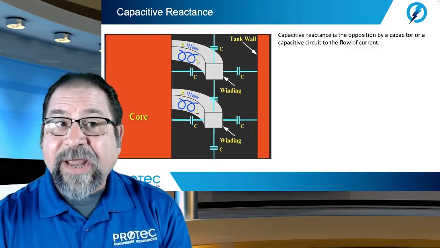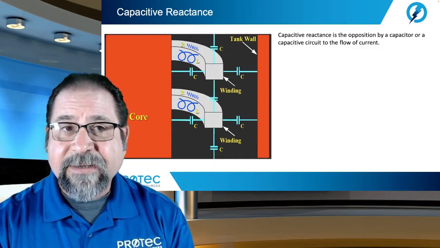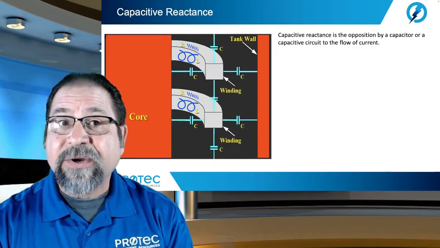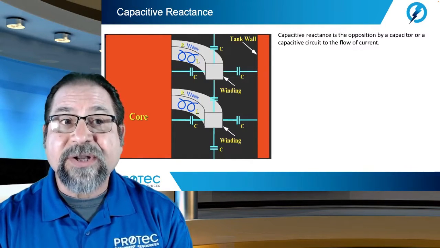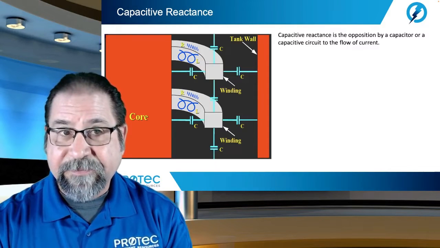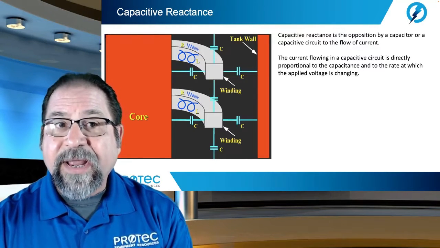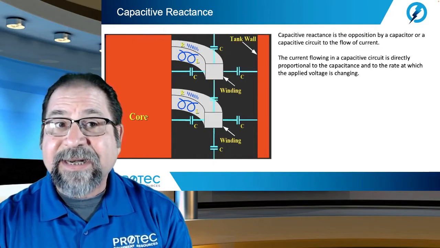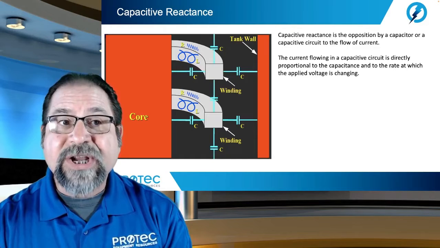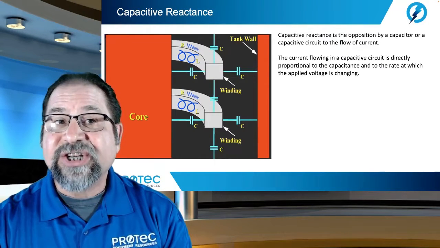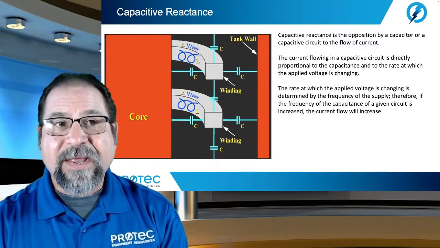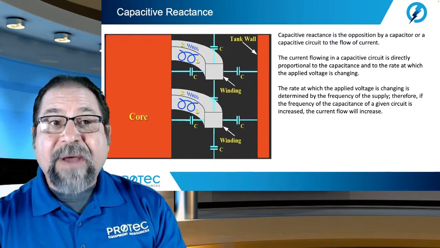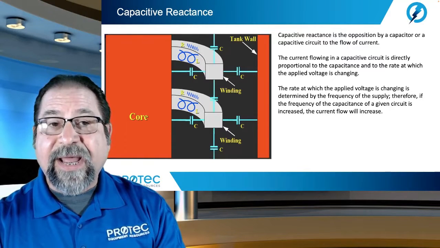All right, next let's look at capacitive reactance. Capacitive reactance is the opposition by a capacitor or a capacitive circuit to the flow of current. The current flowing in a capacitive circuit is directly proportional to the capacitance and to the rate at which the applied voltage is changing. The rate at which the applied voltage is changing is determined by the frequency of the supply.